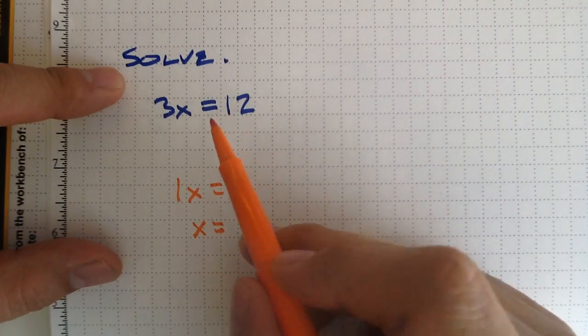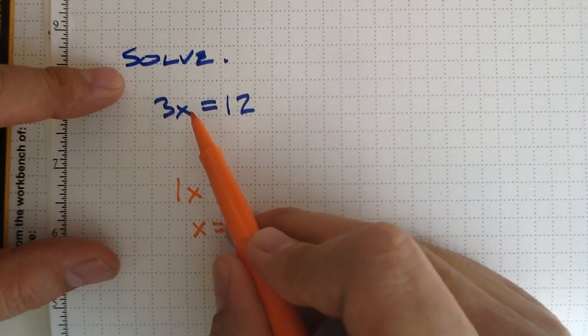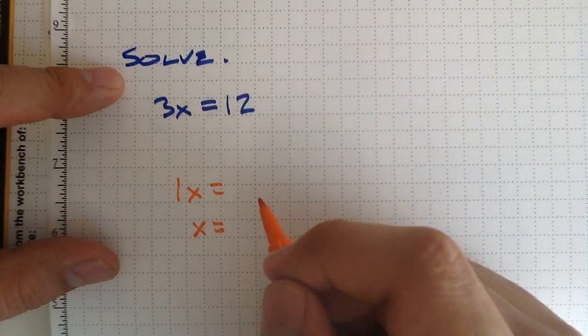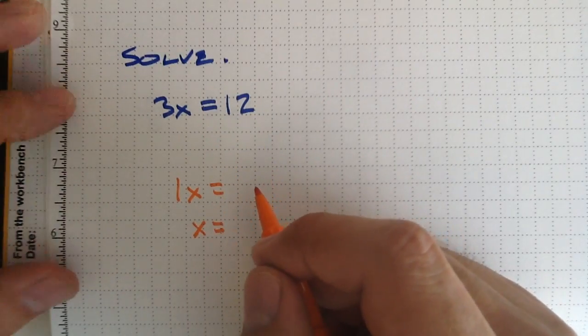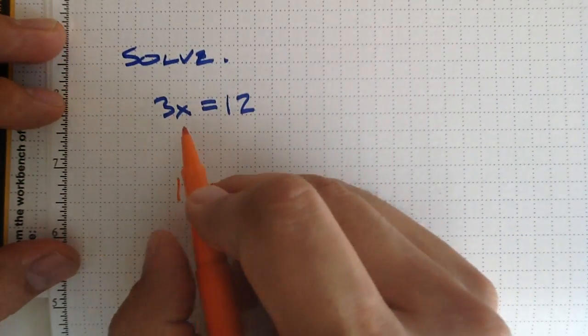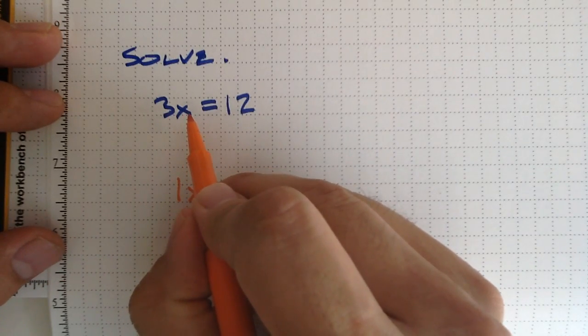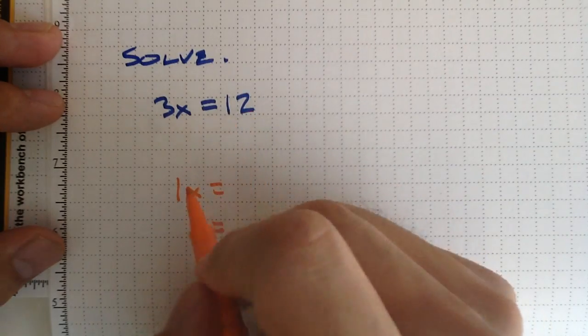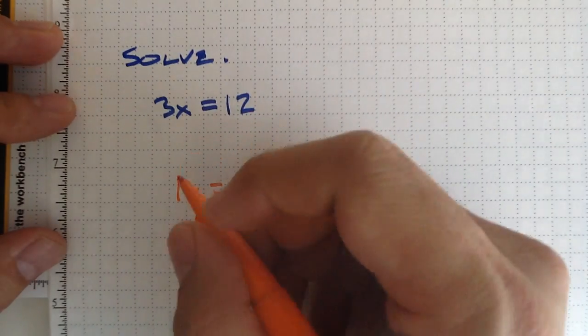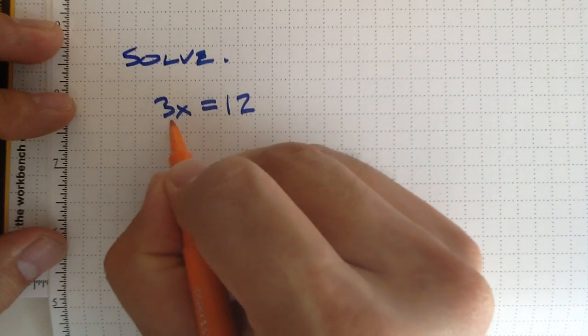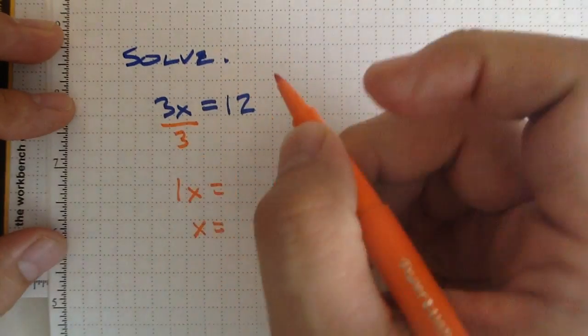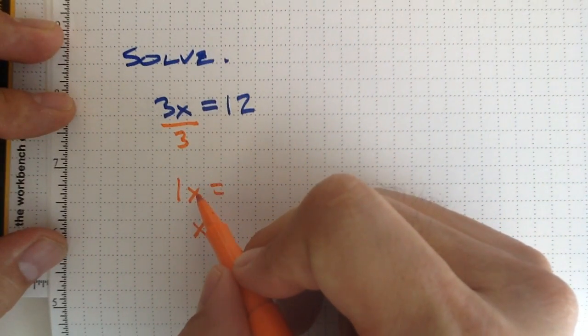So just realize that even though we're still trying to get x by itself, the way in which we do it is a little different when it comes to multiplication and division. Now in this case, like what we saw in the balance scales, here we have 3 x's, which equal 12, but I only need to know what one of the x's is equal to. So I'm going to divide this side by 3 and get myself down to 1x.